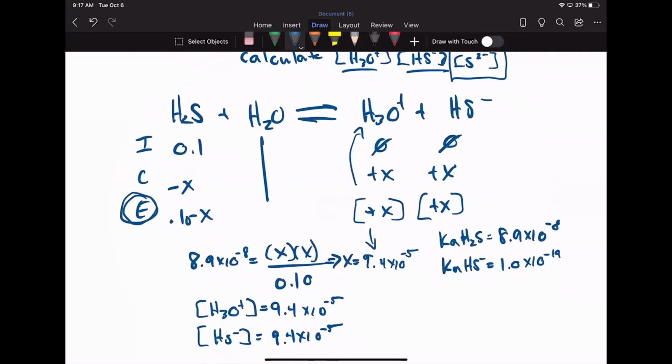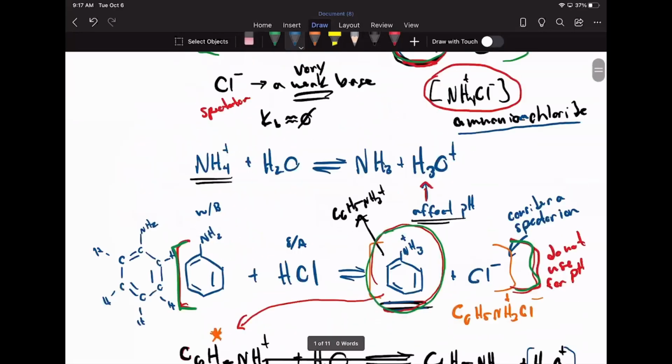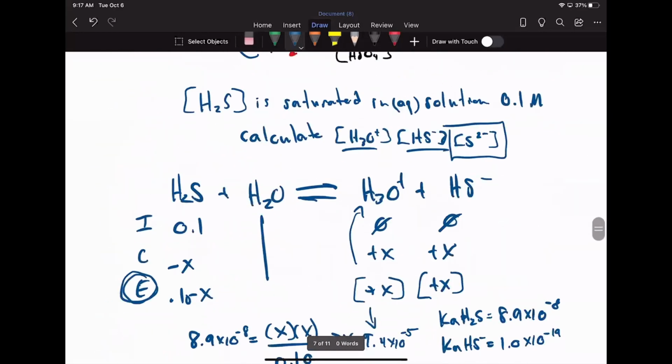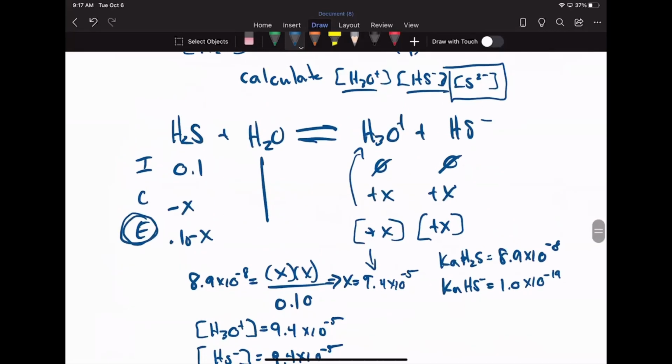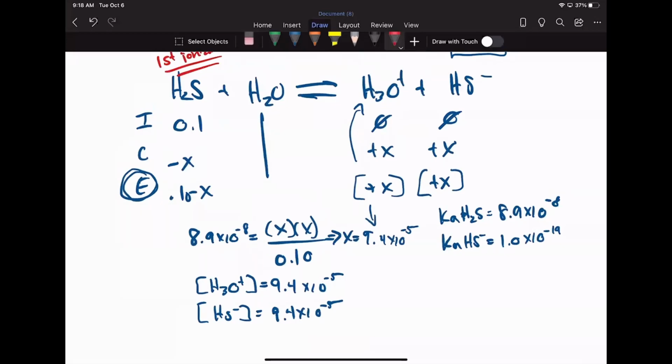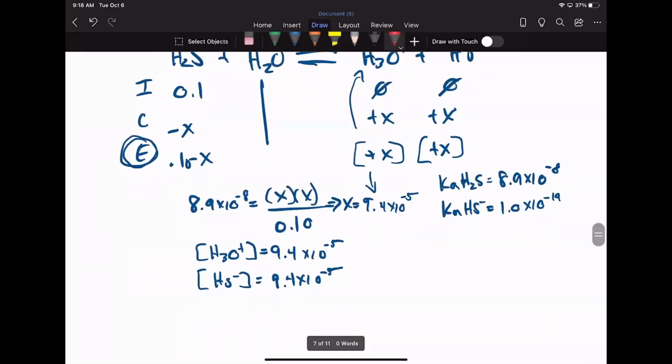But all we did was figure out the first ionization. Well, let's figure out the reaction for the second ionization, because this conjugate base is now going to be my acid.